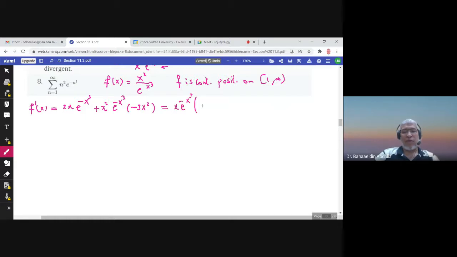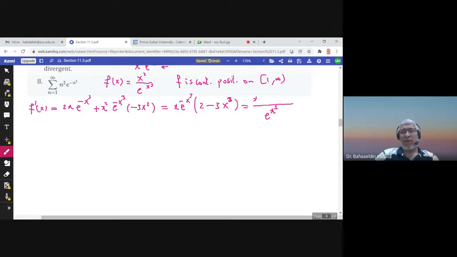So I have 2 here. Then there is a negative 3 here. I took x, so I have x times x squared, that's x cube. And e to the power negative x cube has been taken, so that's it. So I can write f prime as x times (2 minus 3x cube) over e to the power x cube.